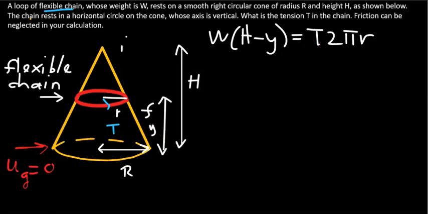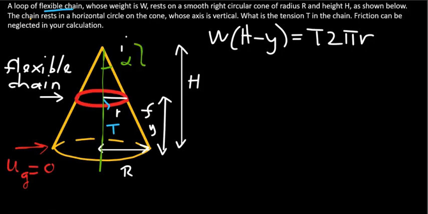Now let's rely a little bit on the geometry of the system. Now this is the axis of that cone. So that means this angle here is alpha, let's assume.